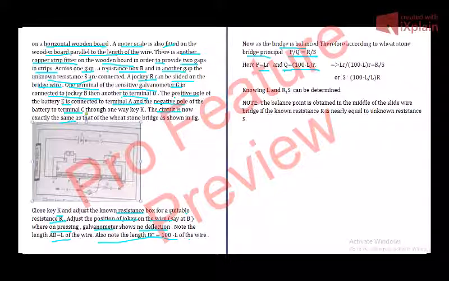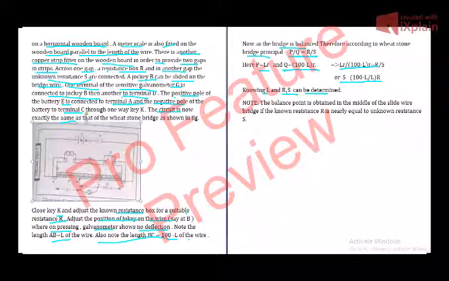This implies L r by (100 minus L) r is equal to R by S, or S is equal to (100 minus L) divided by L into R. Knowing L, that is the length at which the galvanometer shows zero deflection, and R, which we know, S can be determined.